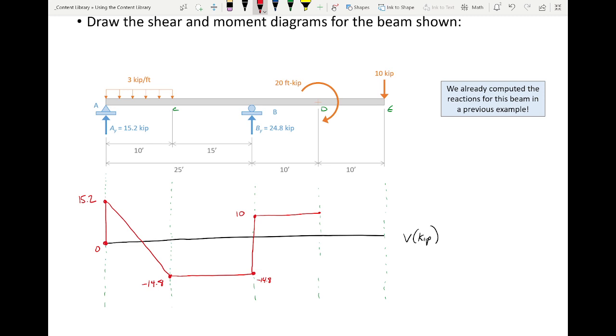What does that concentrated moment do to the shear diagram right here? Nothing. Not a thing. So from D to E, we just keep on trucking, and then this brings us back down to 0. That's your shear diagram right there.